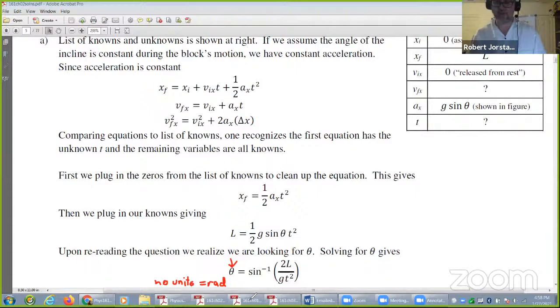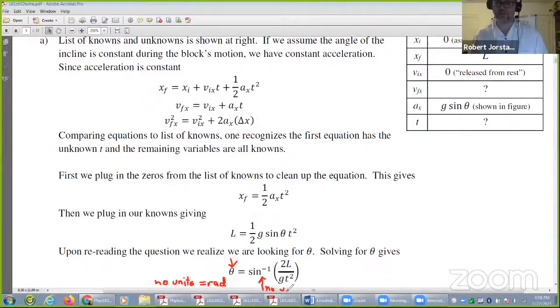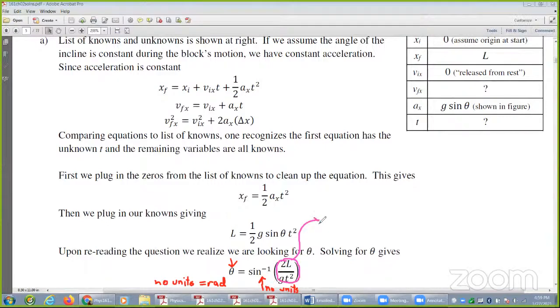No units or radians. What are the units of a function? No units. Functions have no units. Okay, what are the units of the argument of that function? The stuff inside, what are the units of that? Degrees or radians? We would not say degrees.